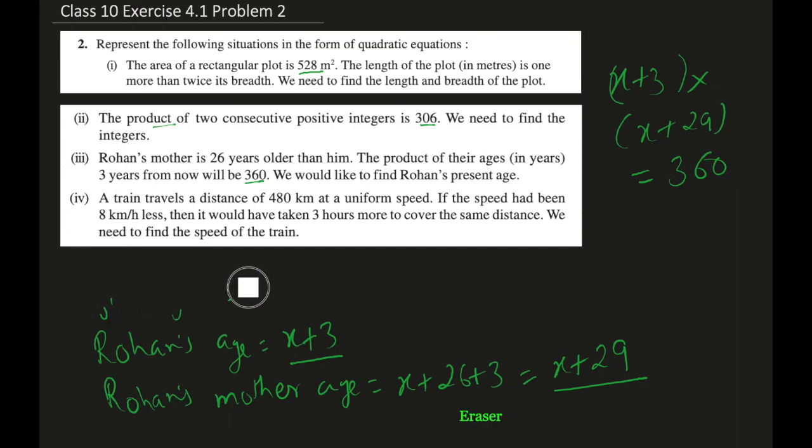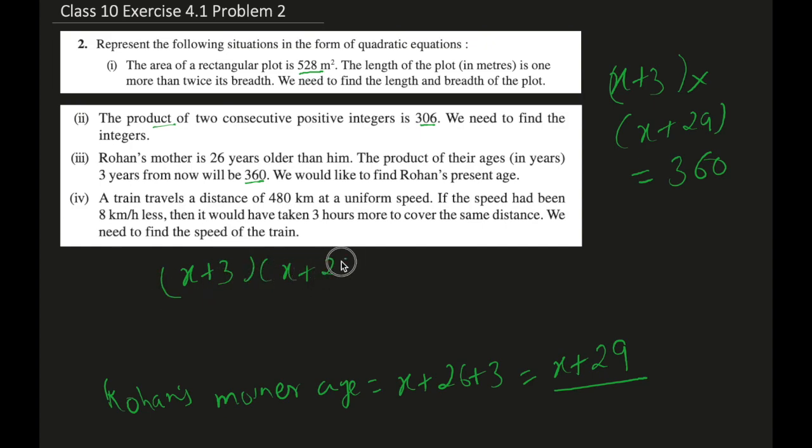Now we can solve this equation and get our required answer. So x plus 3 times x plus 29 is 360. We solve it: this is x square, x times 29 is 29x, plus 3x, plus 29 times 3, which is 87.